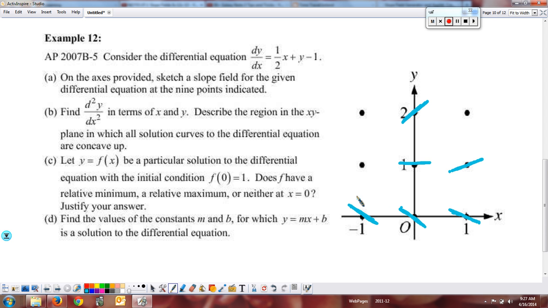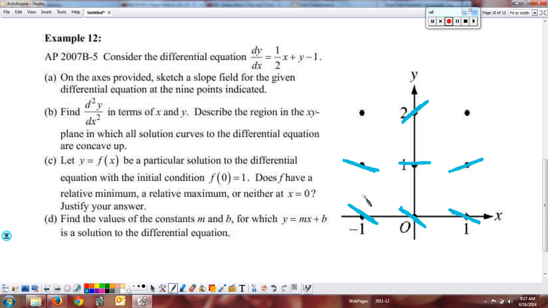My slope over here, negative 1, 1 would be negative a half plus 1, so negative a half, same as that on that side but going in the negative direction.